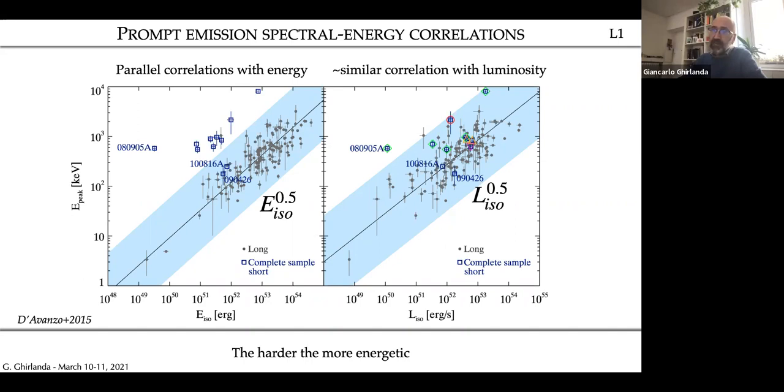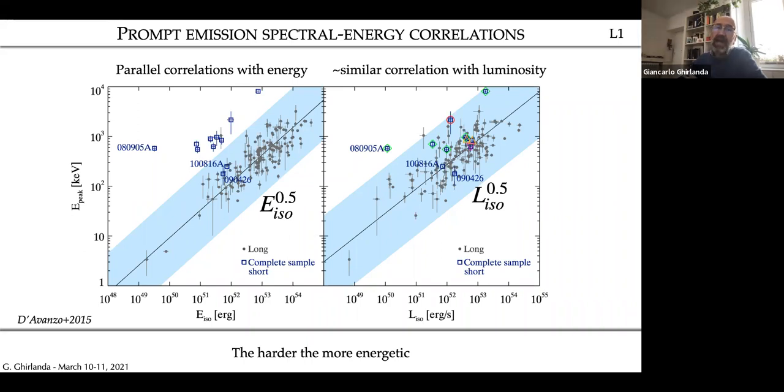Here you see the same peak energy now correlated with the isotropic luminosity. There is a slight difference in the relative position of long and short GRBs. Starting from this plot here, you see that more or less long and short GRBs follow a similar relation. They also occupy a similar position in the plane, whereas in the peak energy versus isotropic energy plane, short GRBs seem to be displaced, even though apparently they follow a similar correlation.